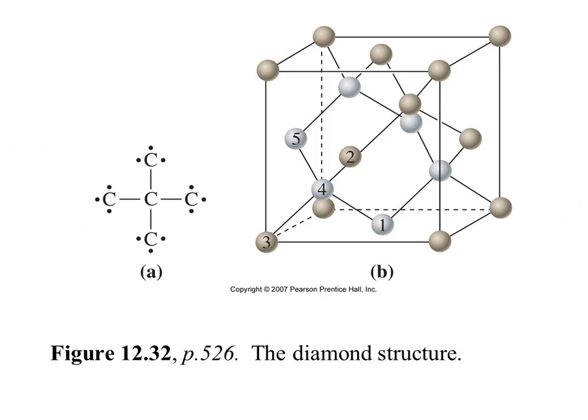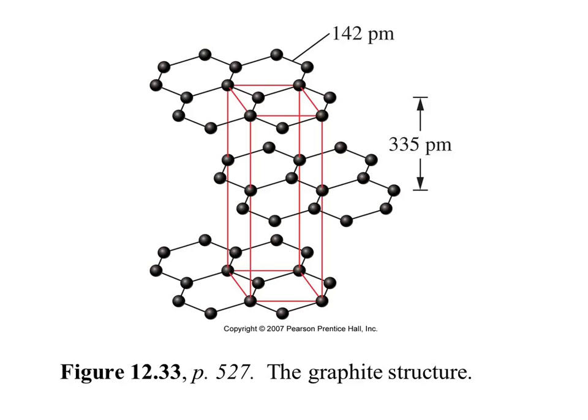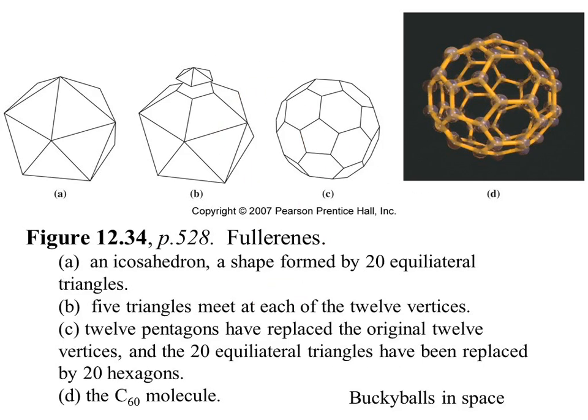I just want to emphasize this, and we'll be talking about solid states in, I think, Chem 2. So there's what your lead pencils do. Isn't that funny how lead pencils have nothing to do with lead? They're graphite, they're carbon. And then this is buckyballs.